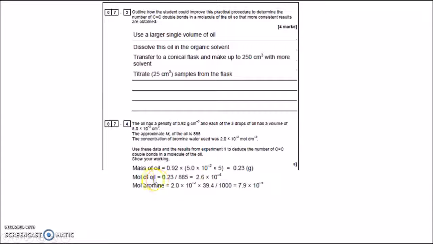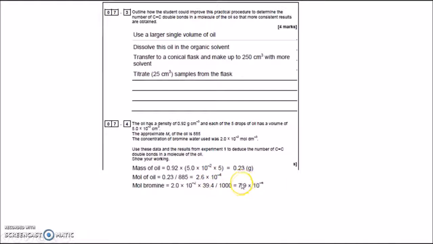If the oil has 1 double bond in there, then 1 mole of oil would react with 1 mole of bromine water. However, they're not the same. That's not 1 and 1. If it were the same amount as each other in a 1-to-1 ratio, there'd be 1 carbon-to-carbon double bond.